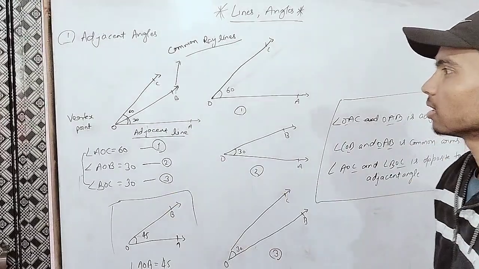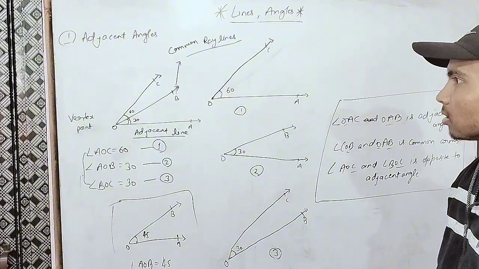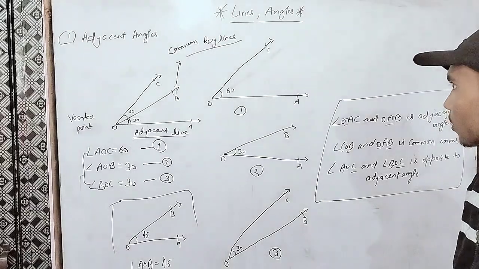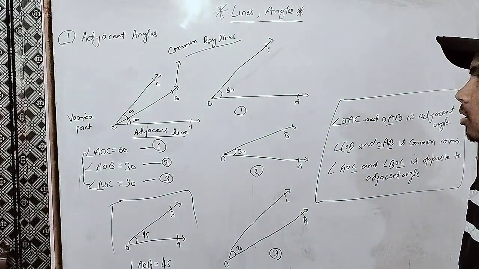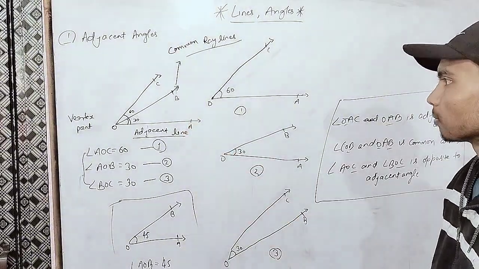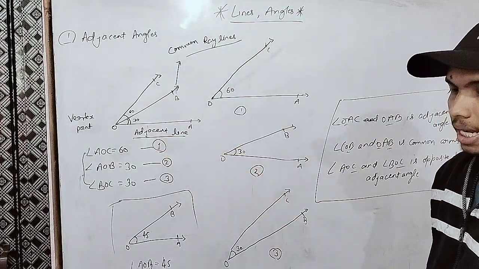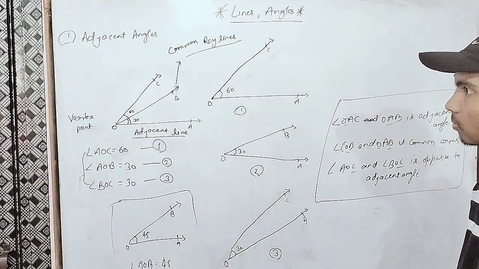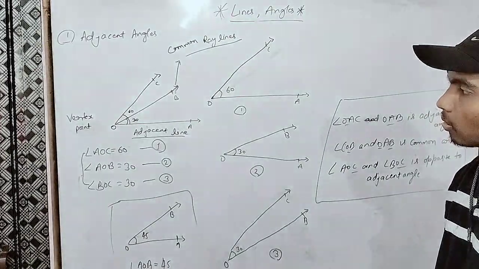This would be known as a non-common arm. This is the common arm, this is the adjacent angle, and this is the opposite angle, which would be the non-common arm. Clear? So we are going to move on to our questions.